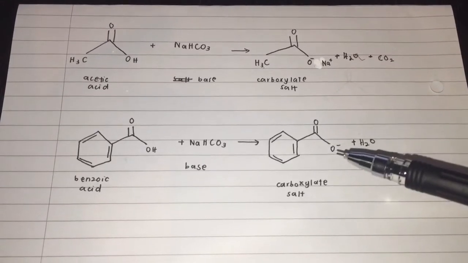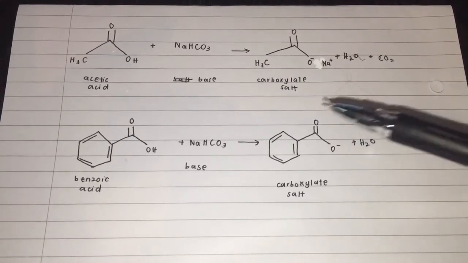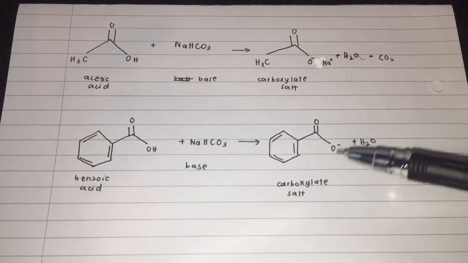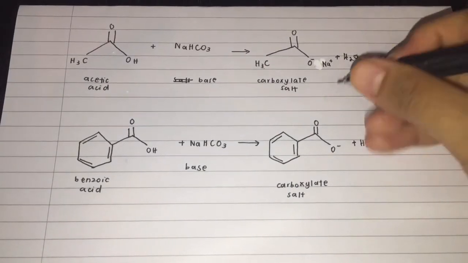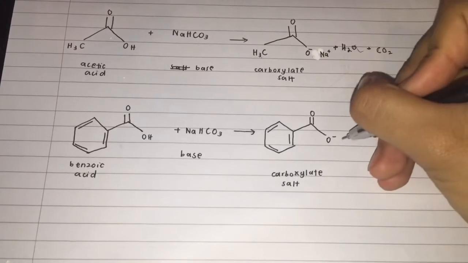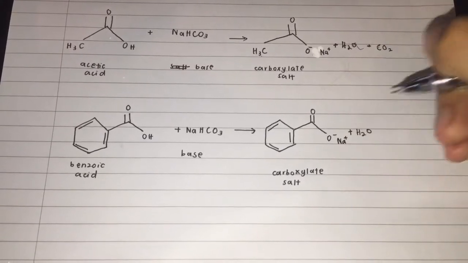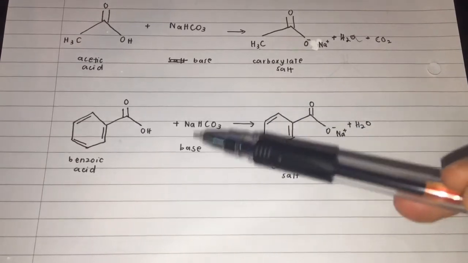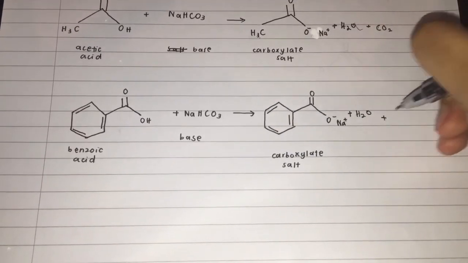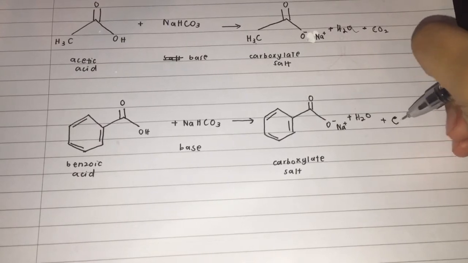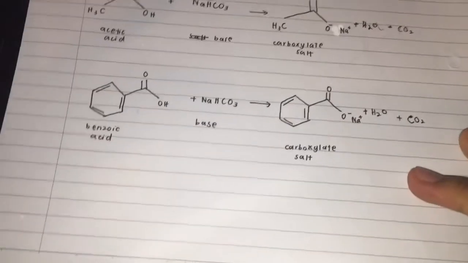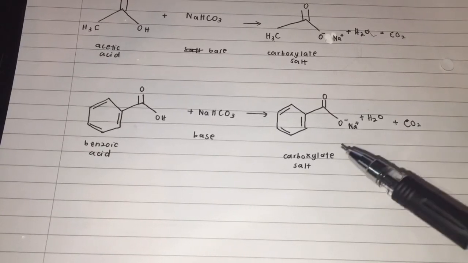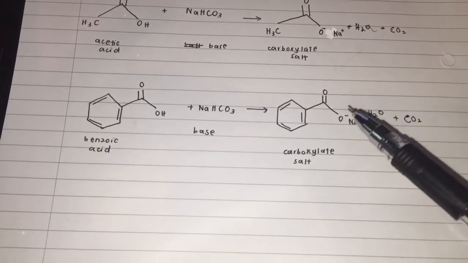We can't have this anion hanging around by itself, so we need a cation from this base to fill in this anion. What is left is the carbon dioxide from the base. Now we have produced the carboxylate salt.